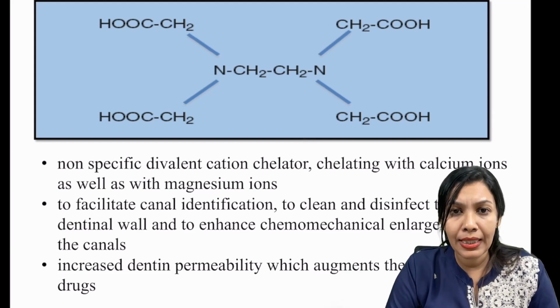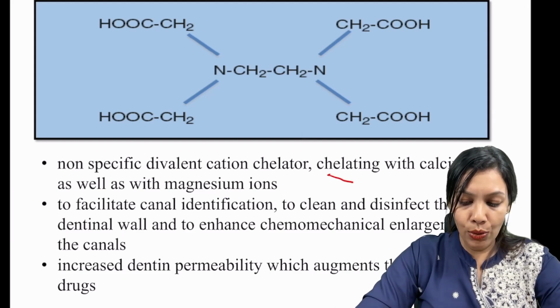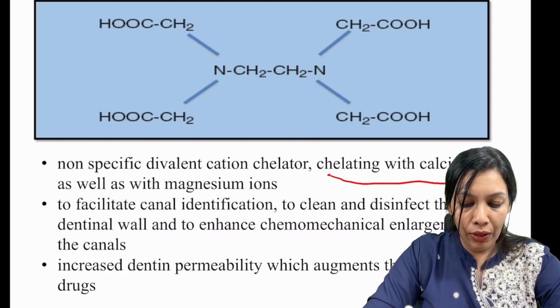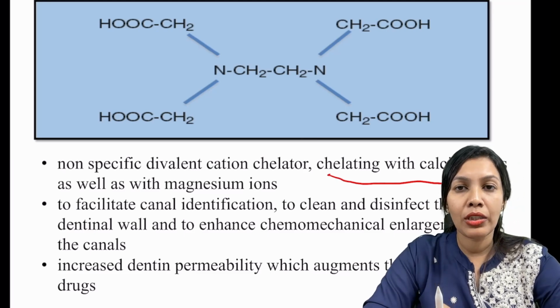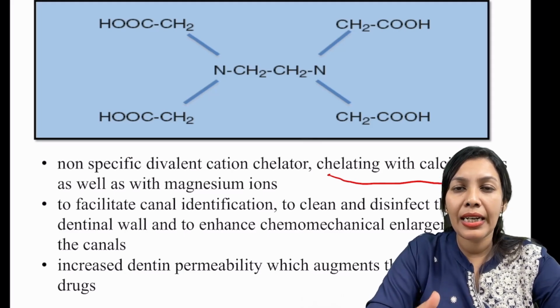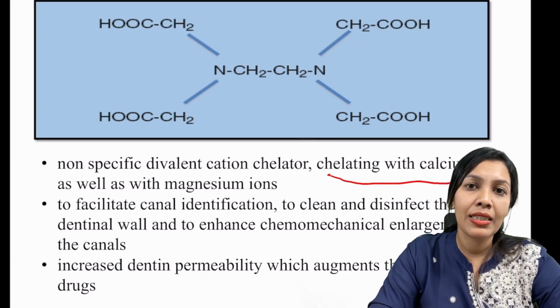So what happens is that normally this EDTA has the capacity to chelate with calcium ion as well as magnesium ion. So when we apply it to the tooth surface, it starts to slightly corrode the dentinal surface, and it is said that along with that it releases the microorganism which is attached.